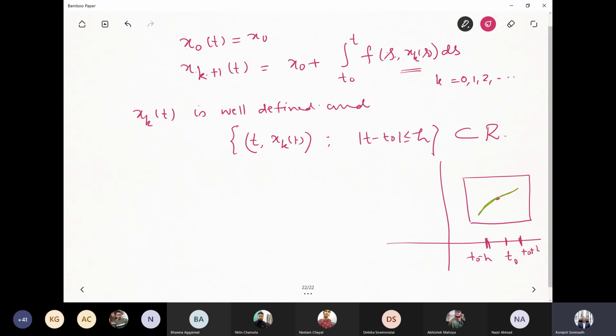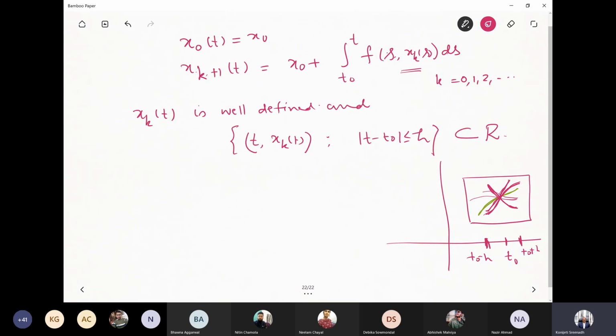So you have the functions within this t0 minus h to t0 plus h. These are all x0, x1, x2, like this. They're all something like this, all of them passing through this point. These are the x_k's. For t lying between t0 minus h and t0 plus h, the range of these curves are all lying within the rectangle. Therefore, when I take f on this, that is going to be Lipschitz.